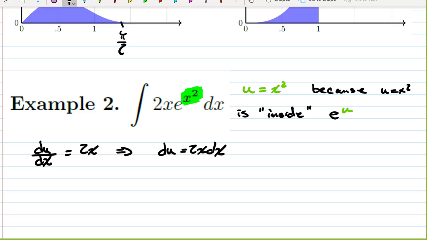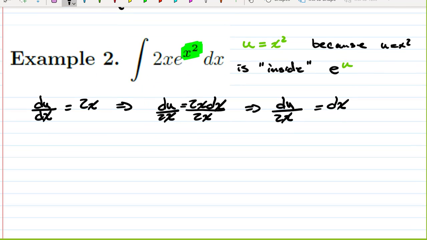Then if we solve for our dx, we divide by 2x, and this gives us that du over 2x is equal to dx. So now that we've solved for the differential, we substitute dx into the integral.